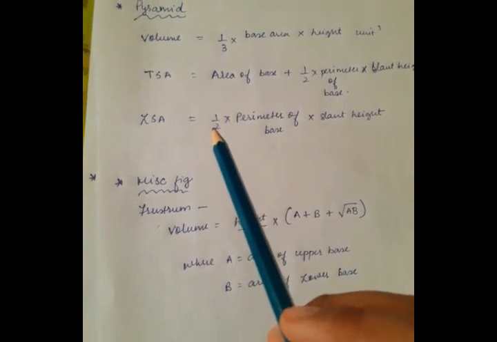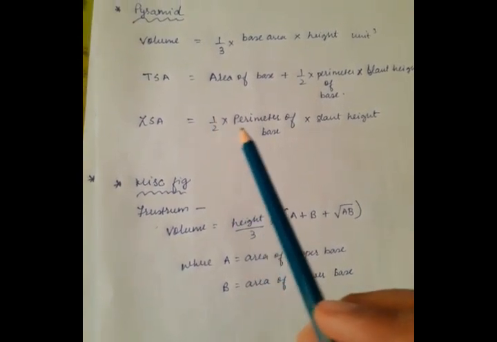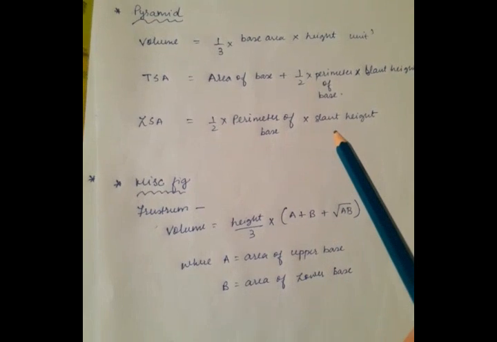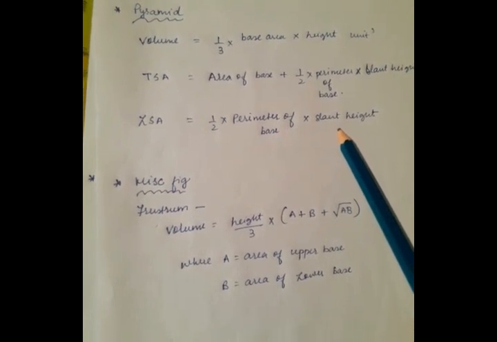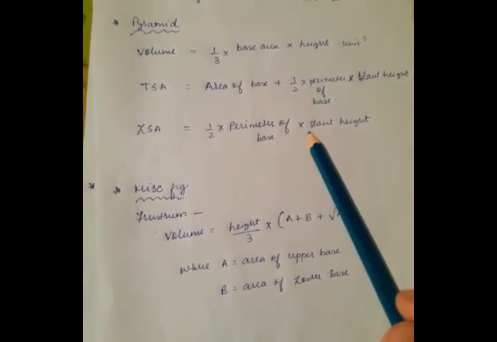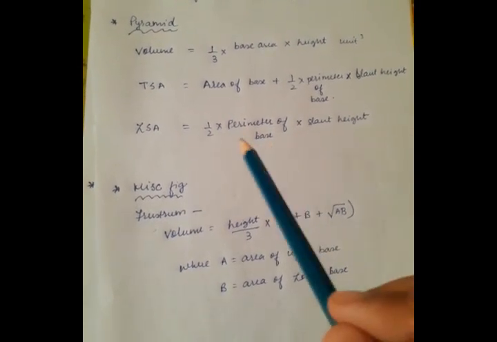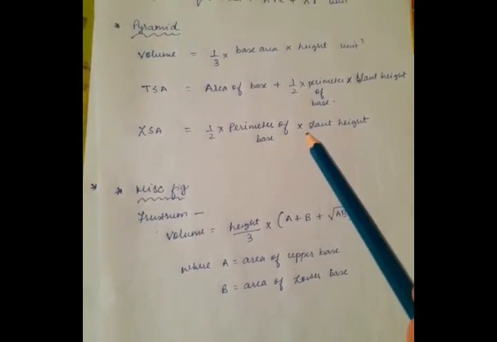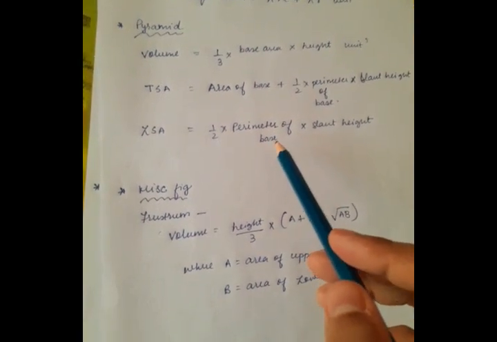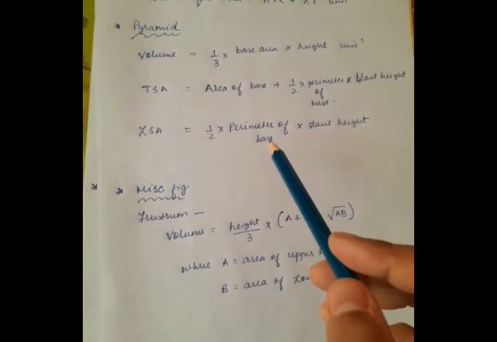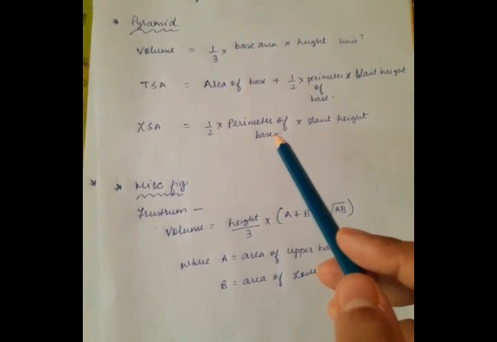So the lateral surface area is half into perimeter of the base into slant height. Generally in the questions, the slant heights are given and you have to find the perimeter of the base and then multiply it. Either it will be a square, then it will be 4 into side, or it will be a rectangle, then 2 into length plus breadth.